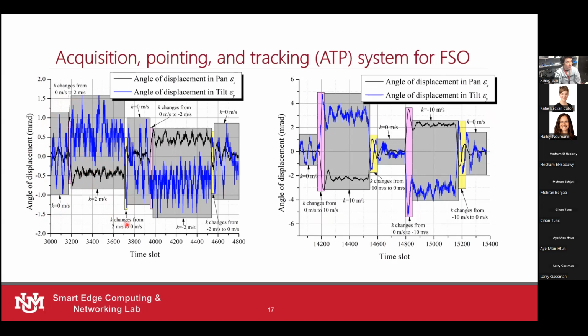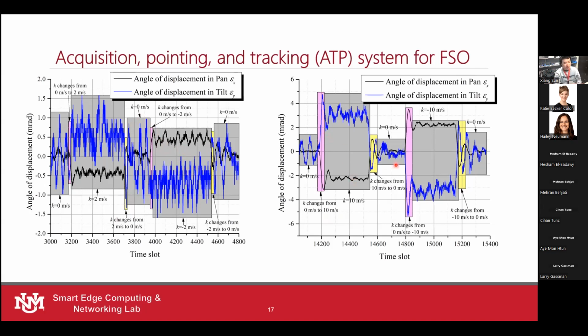It has a deceleration stage to adjust the velocity from 2 meters per second to 0, and then it gets stable, and then accelerates to go back to the starting point. Also, we have the acceleration, the deceleration and the constant speed stage here, right?